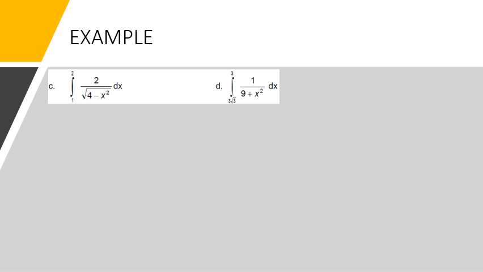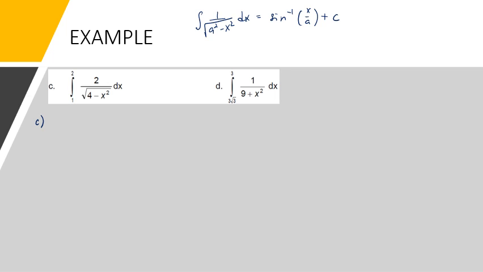So I'm doing C: integrate from 1 to 2 of 1 over square root of 4 minus x squared. We use the earlier formula. When there is a square root of 4 minus x squared, we know it will become sine inverse. The formula is the integral of 1 over square root of a squared minus x squared dx equal to sine inverse of x over a, plus c.